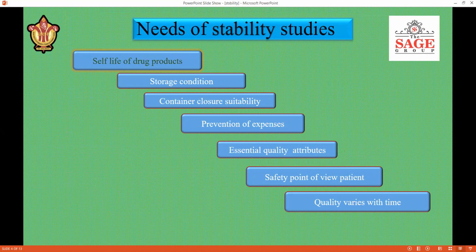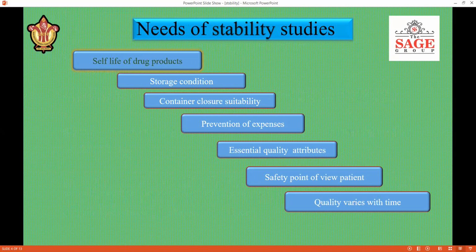Then what is the need of stability study? First is the shelf life of the drug. Determination of shelf life of a drug product is very important and necessary for the drug formulation. Next is storage condition.